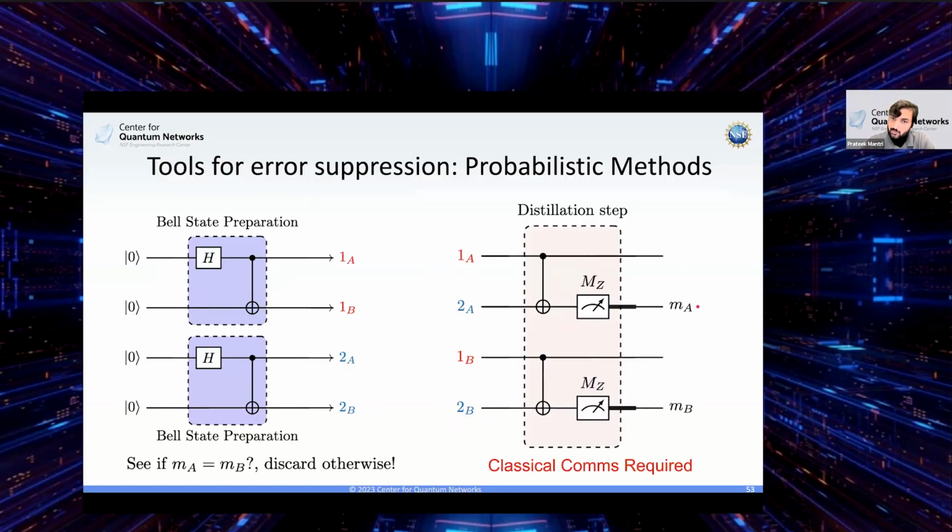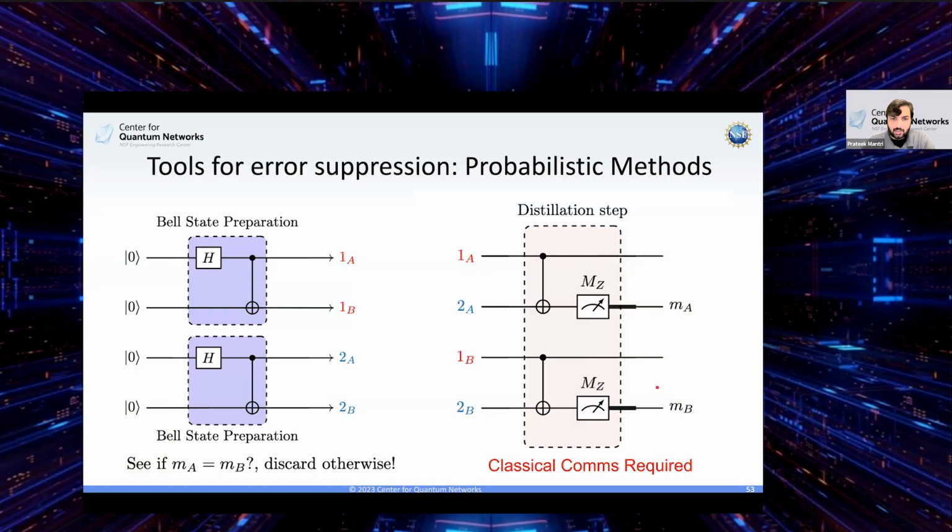If the measurement at Alice matches the measurement at Bob, we keep the state, otherwise we discard it. And as you can see, this requires classical communication because we want to check if the measurement results at Alice also match the measurement results at Bob.